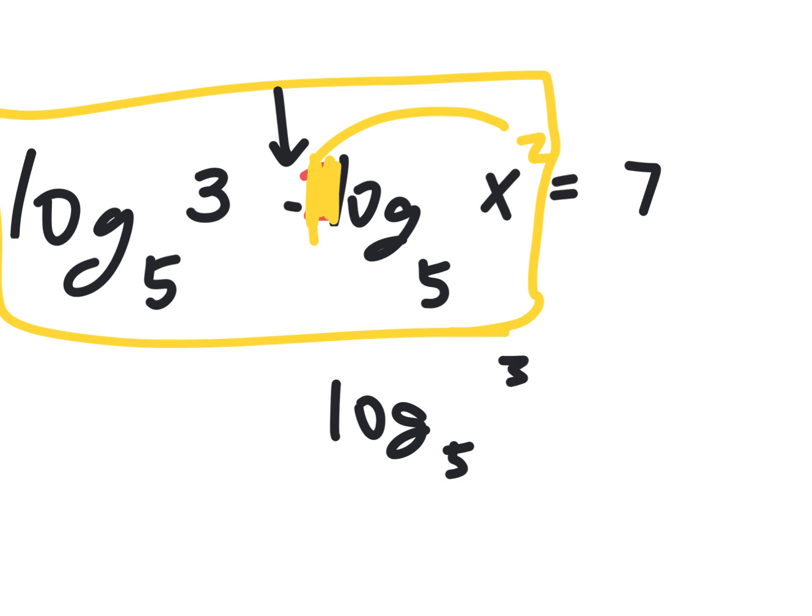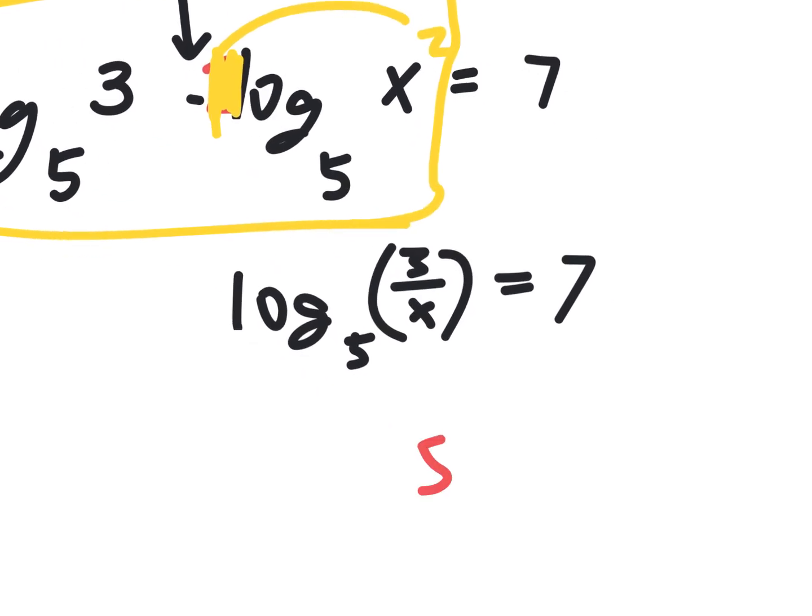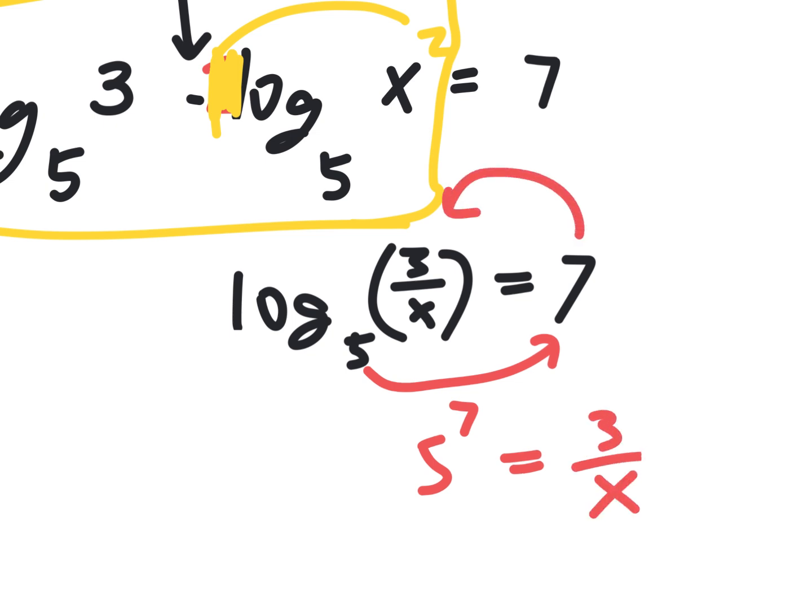So then this is 3 over x. 5 to the 7th, ooh, it's even got one of those in it, equals 3 over x.